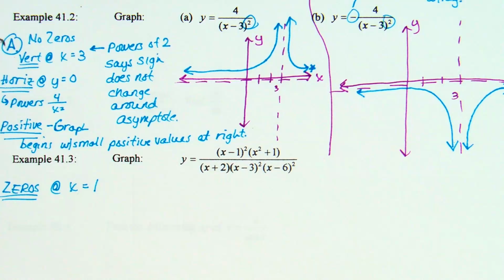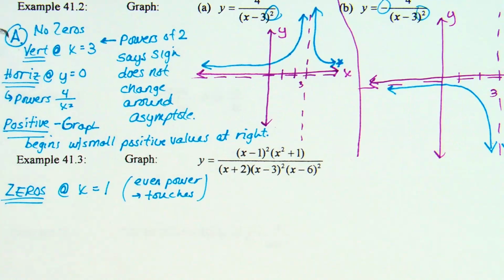Let's see, vertical, horizontal. What do we have in the way of powers here? How many x's are on top? 4 on top. In all honesty, this is a place where if you skip checking the horizontal asymptote, it's not going to affect you, because the idea of rational functions is that there is a horizontal asymptote.